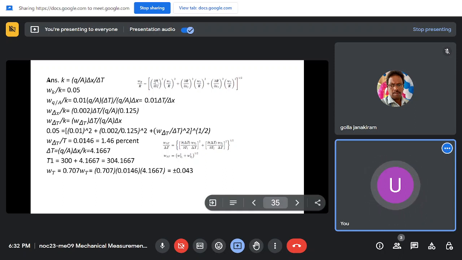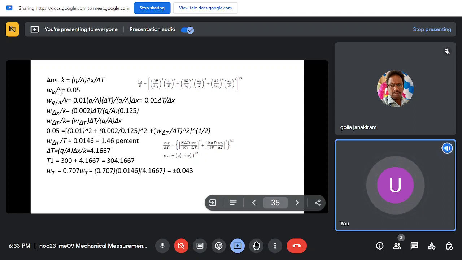The variables here are heat flux, delta X, the thickness, and then temperature. So we have to find the derivatives with respect to K individually, and also the uncertainty of the variable divided by K. So those are required.